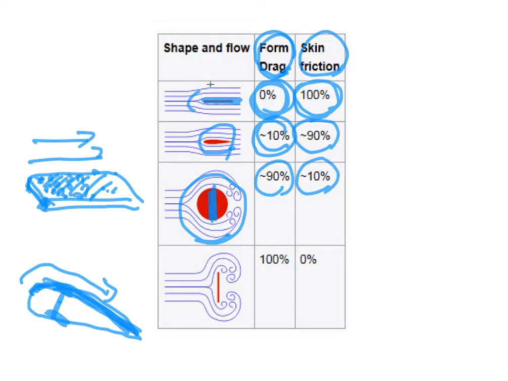And if the same plate is oriented vertically instead of horizontally, we find that the form drag due to the surface that perpendicularly resists the flow gives us almost 100% of the resistance.